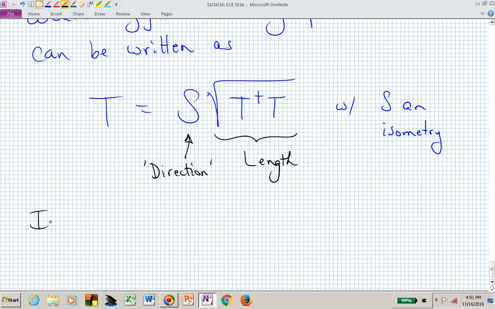And indeed, this is the case. We can actually decompose a linear operator into this polar decomposition.